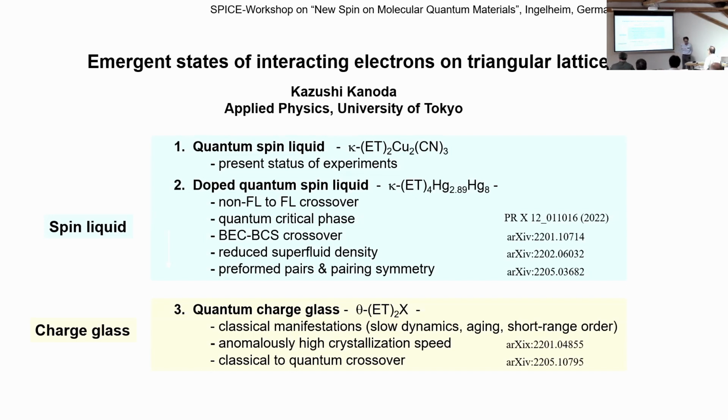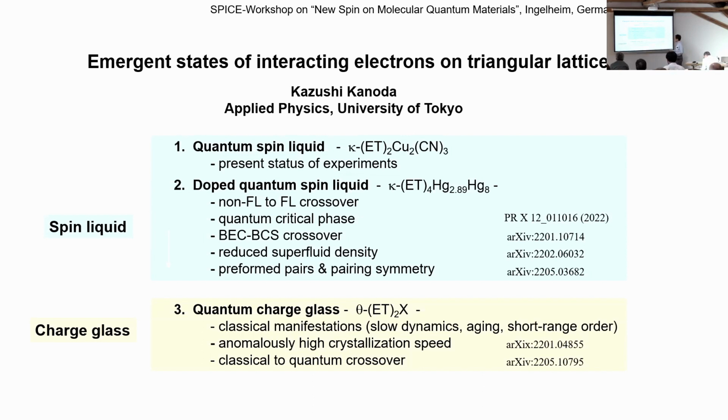My talk is on the triangular relations of electrons, or entangled relations of electrons. One is on top, a spin liquid, and the other one is the charge glass. First, I'm going to talk about the status of quantum spin research, particularly on magnetic acids.